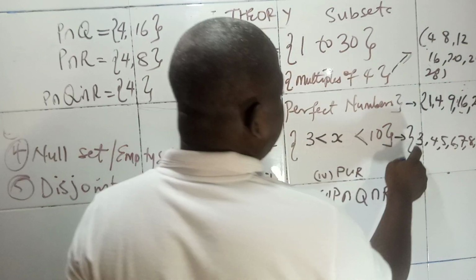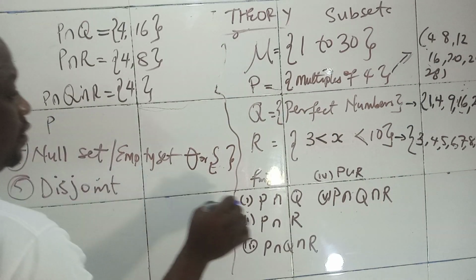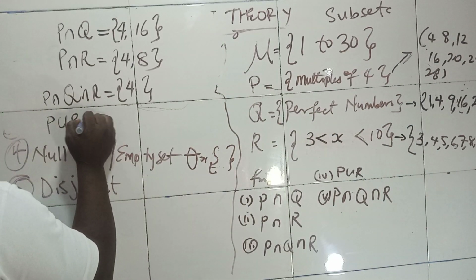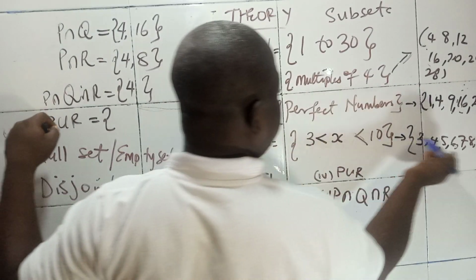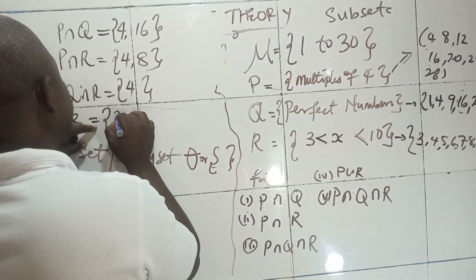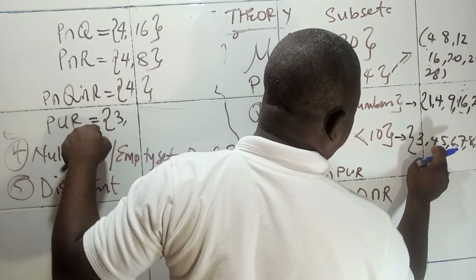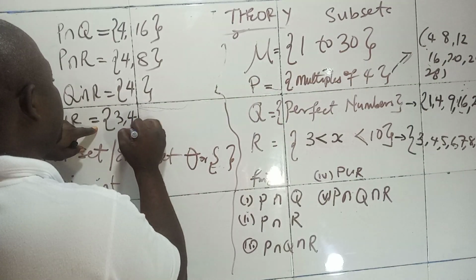By the time you pour the content of P into R, you now find 3 to be the first number. P union R will now be equal to what? The first number you're going to see is 3. That's the least number. Followed by what? This one has 4. This one has 4. You have to pick just only one 4. What else again?